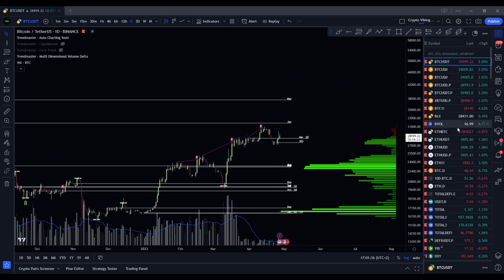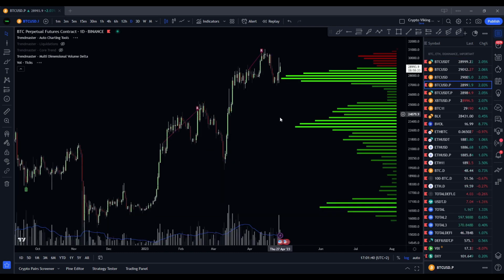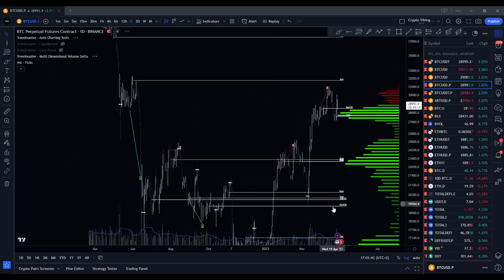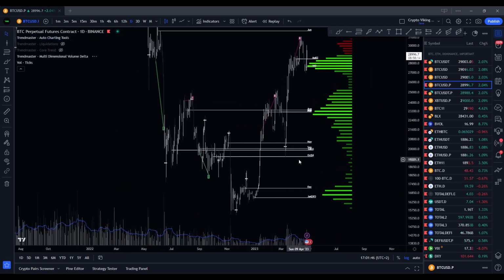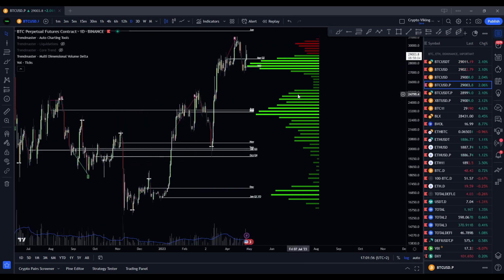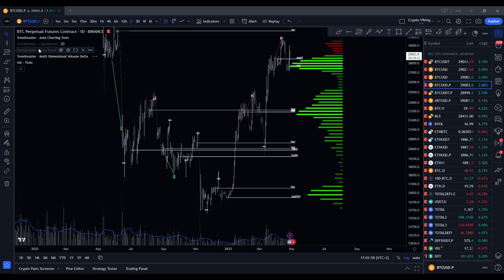If I were to switch onto something like, let's see if I can go onto the perp. You're going to see a little bit of disparity from spot to perpetual. The reason for that is very simple: people who bought spot essentially bought in this zone here, and there's very little spot buying in this area comparatively. Perpetuals, because you're on a perp contract now, you actually still have increased volume.